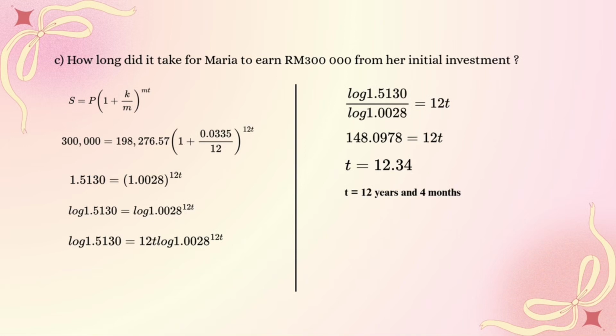And then we divide both sides by log 1.0028, so log 1.5130 over log 1.0028 equals 12t, and it gives us 148.0978 equals 12t. Now we divide by 12, so it gives us t equals 12.34. So the time taken is 12.34 years, and the decimal 0.34 of a year is roughly 4 months. Therefore, Maria took about 12 years and 4 months for her money to reach 300,000 ringgit.